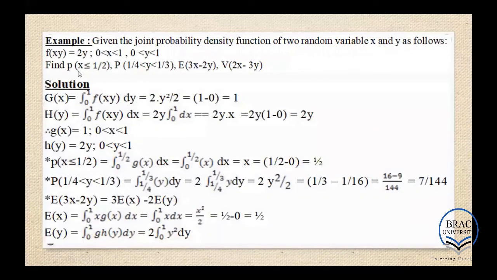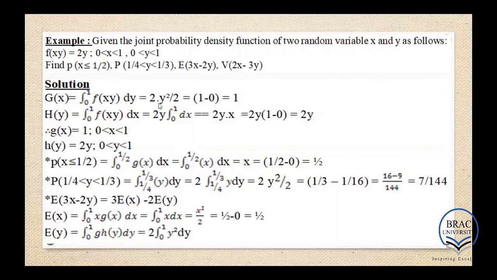First of all, we need to calculate the marginal density function from this joint probability density function. So g of x equals the integration of f of x, y dy, where the limit of y is 0 to 1. After this calculation, we have the marginal density function of x as 1.